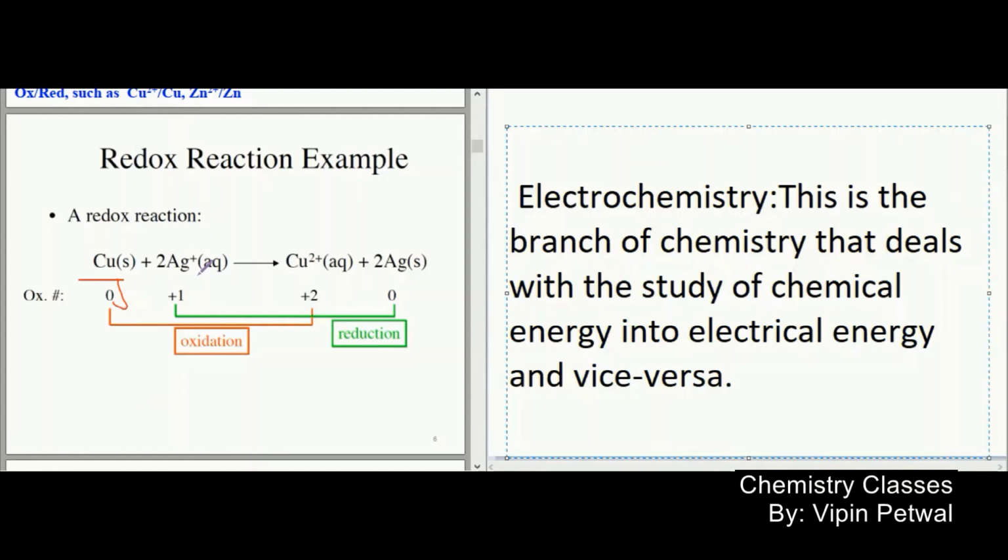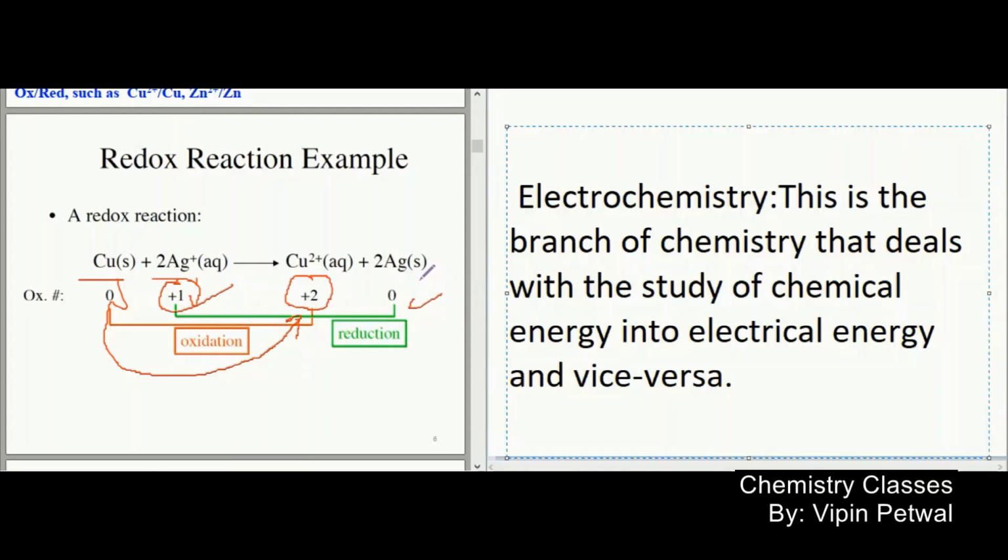So silver has +1 oxidation state and copper on the right hand side has +2 oxidation state. It means from 0 to +2 there is an increase in oxidation state of the copper, whereas in case of the silver there is a decrease in oxidation state from +1 to 0.